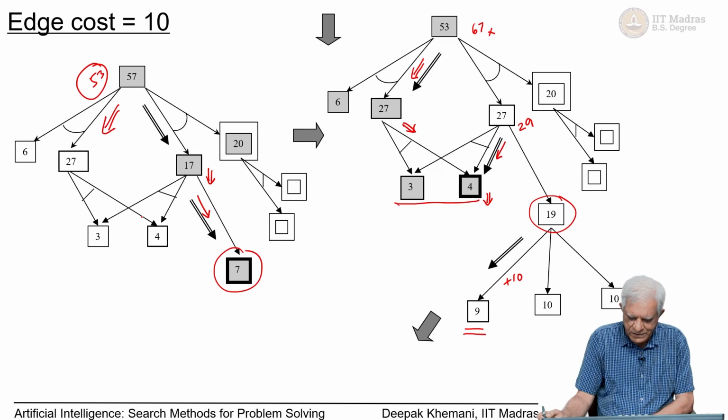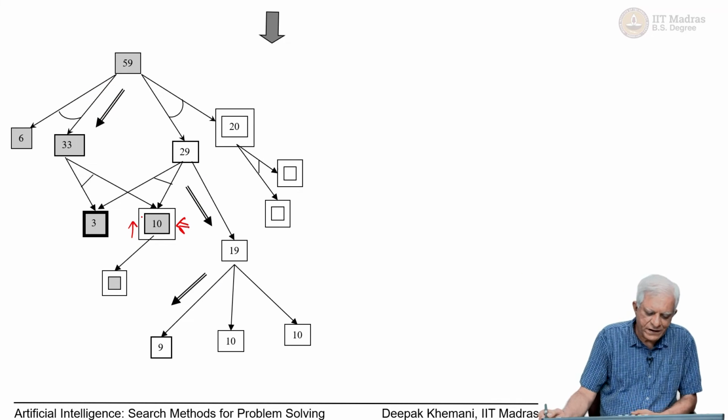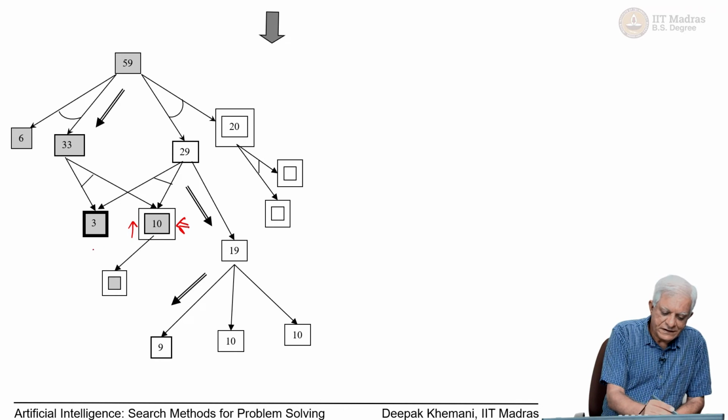It was 4 before this, it has gone up to 10. So, this is 10 plus 3, 13 plus 20 is 33, and 33 and 6 is 39 plus 20 is 59. So, this still remains the best choice here, and then this is the node that we are refining next essentially.